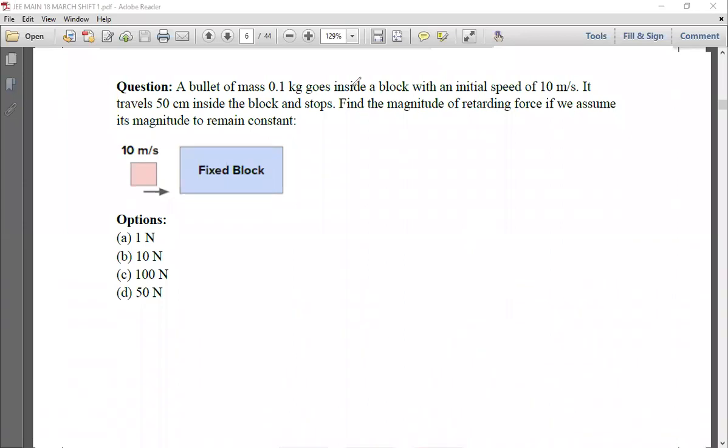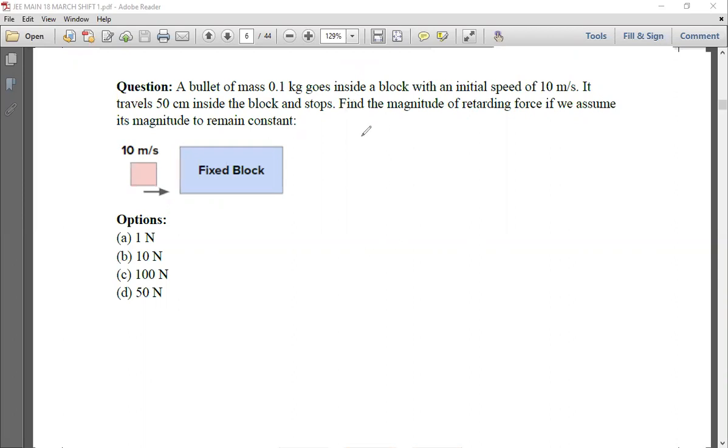So see the next question. Read the question first. A bullet of mass 0.1 kg. What is given?